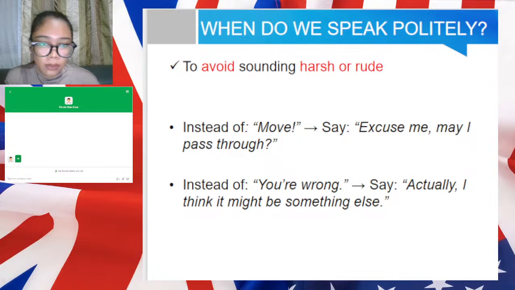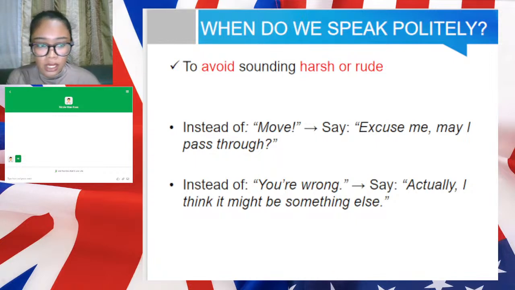So, for example, if instead of saying "move," you say, "Excuse me, may I pass through?" That is much more polite, because "move" is really harsh and can be taken as rude.